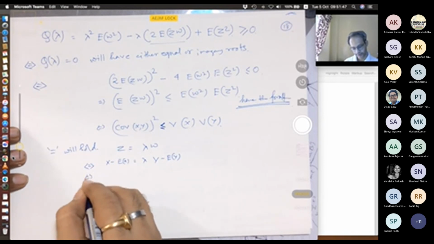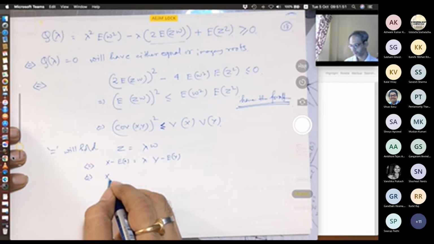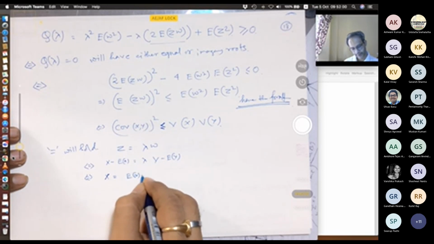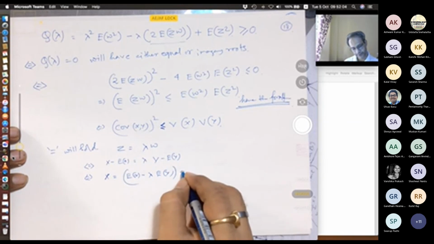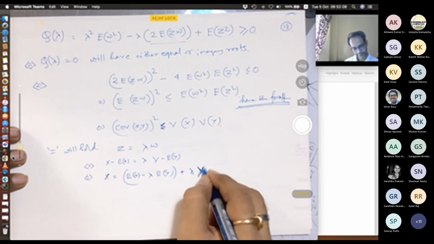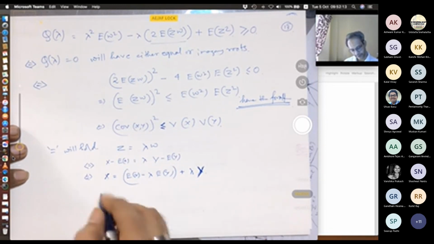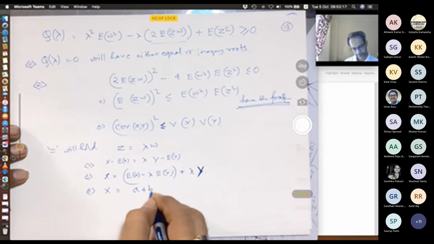So you can write it in this way, that X equals expectation of X minus lambda times expectation of Y plus lambda times Y. So you have this structure, X equals a plus bY.